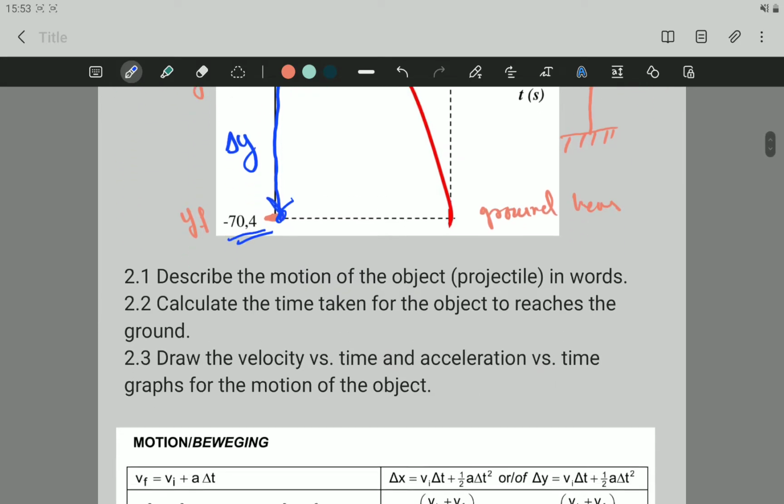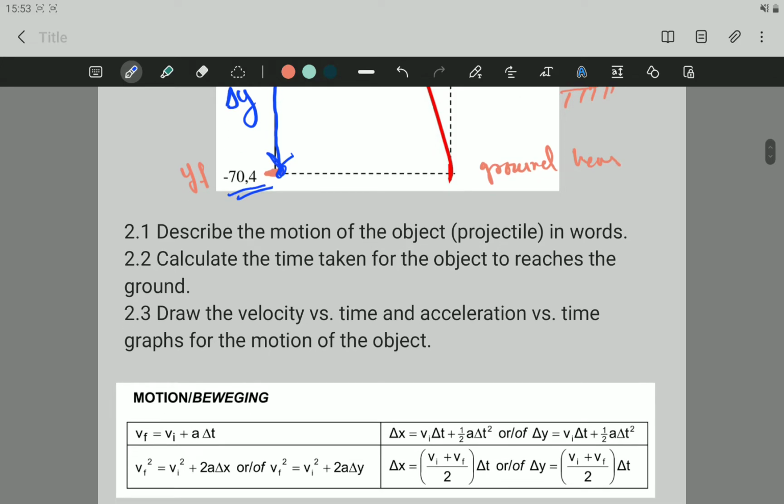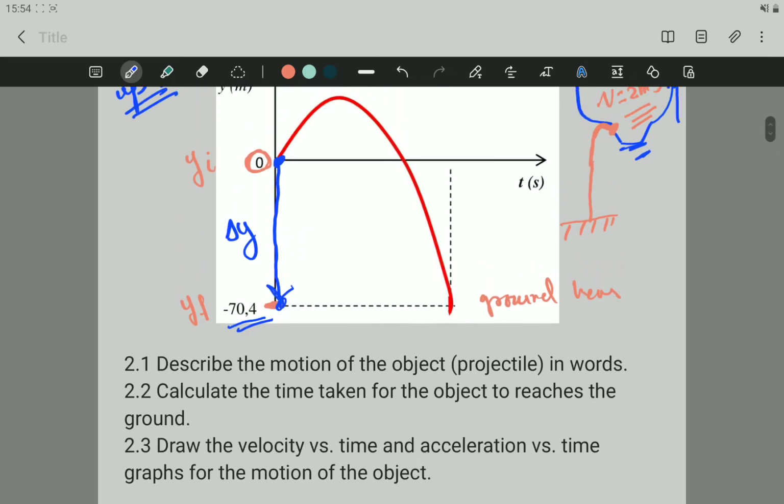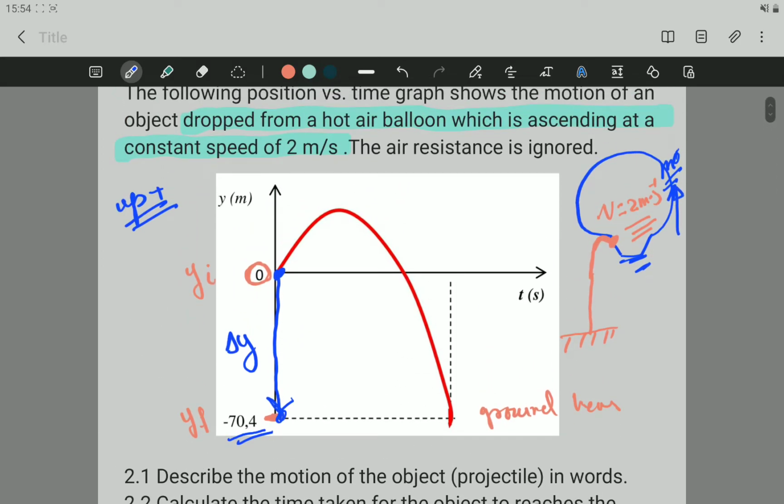Now, question 2.1 says describe the motion of the object. I'm not going to write it down; we're just going to look here and explain what is going on with the object. Initially, the object is moving with the hot air balloon upward with a speed of 2 meters per second. So the initial velocity of the object is 2 meters per second upward, the same as the hot air balloon.